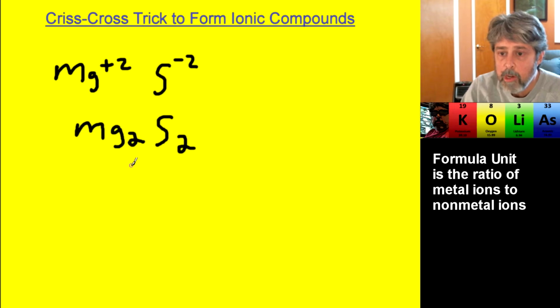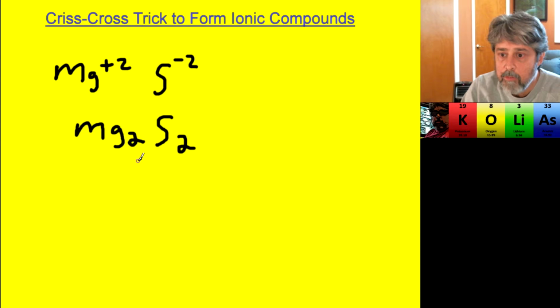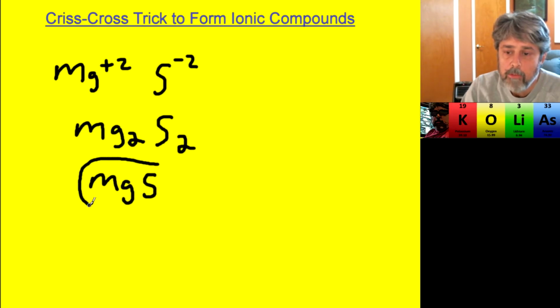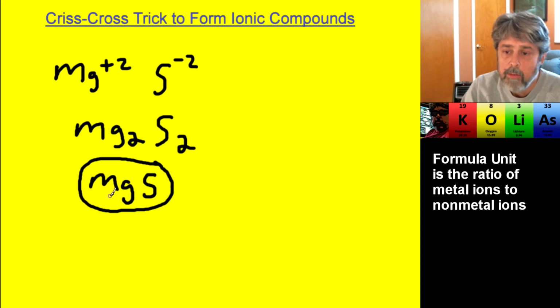That's what a formula unit is. So whenever these are the same, or you can reduce them down, if say it's 2 and 4 or 3 and 3, whatever it is, you reduce it if you can, and this is going to simplify to MgS. This is the proper answer, because for every 1 magnesium, we have 1 sulfur. Same as a 2-to-2 ratio. 1-to-1 is the same as 2-to-2.